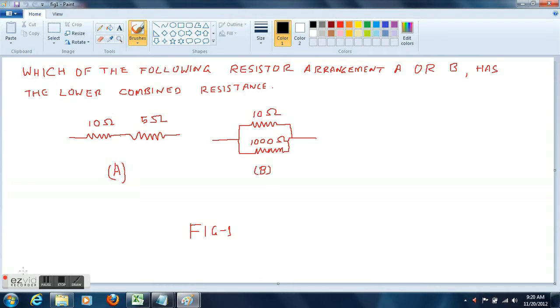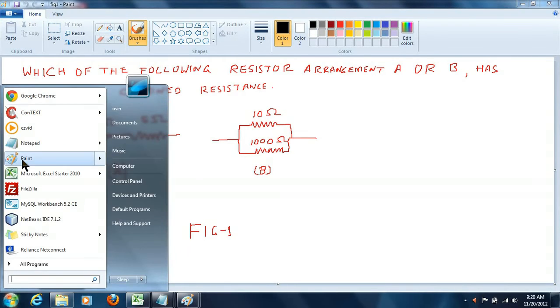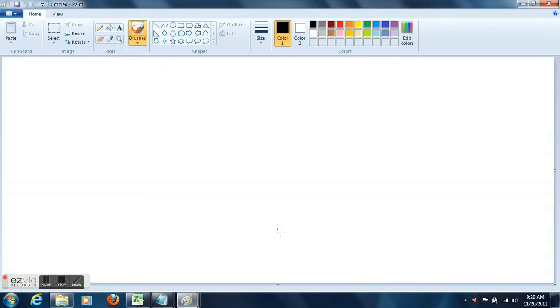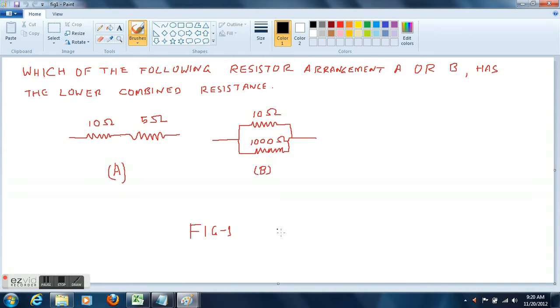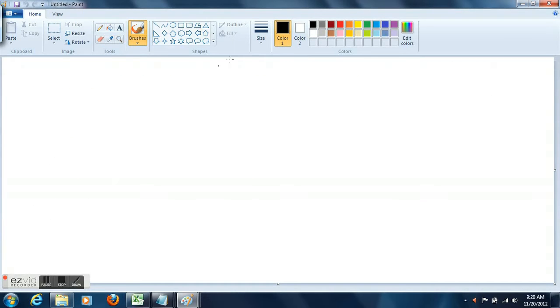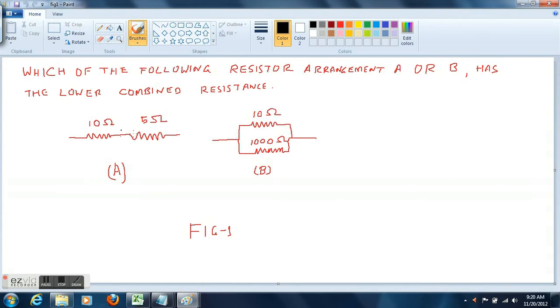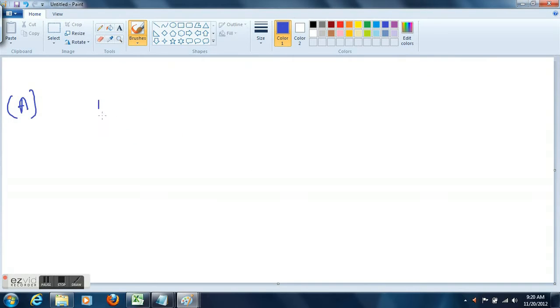The first one is a series of two resistances of 10 ohm and 5 ohm. So let us see what you get out of here. In case A, I have two resistances of 10 ohm and 5 ohm, and the connection is in series.